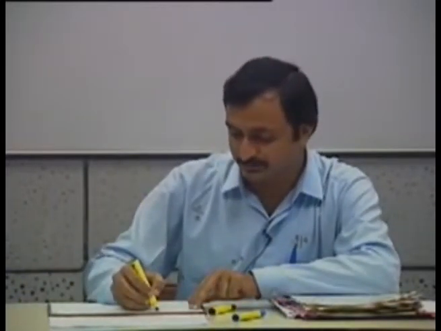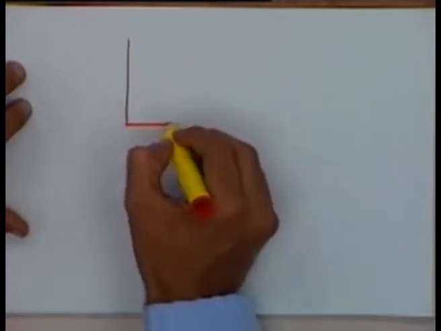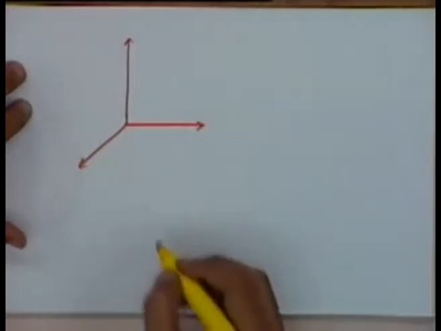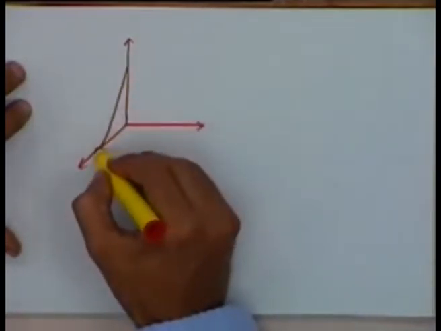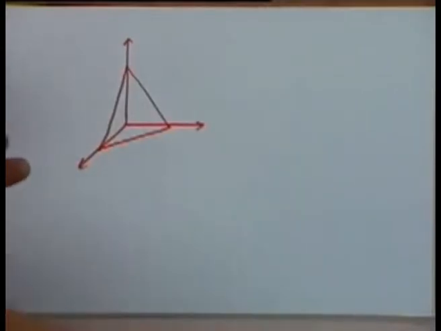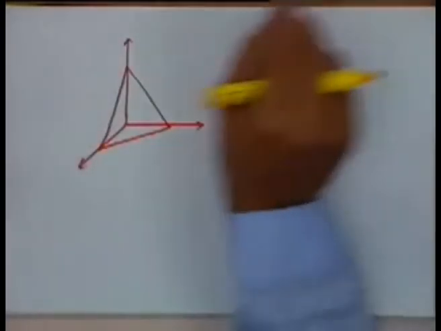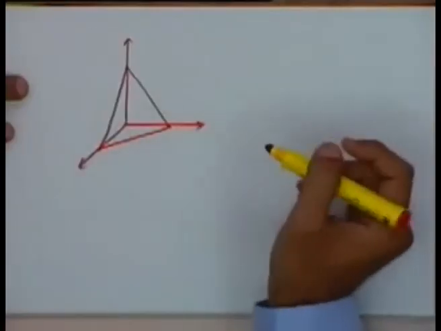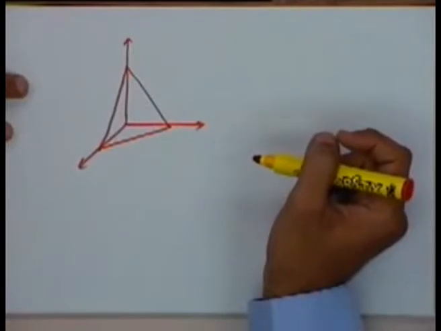Similarly, if you take an element which is on the surface, it will look like this. If you have a 3-dimensional surface, a curvature, and we are taking an element which is on the surface, it won't be cubical, but it will be somewhat pyramidal, or a tetrahedral element like this.